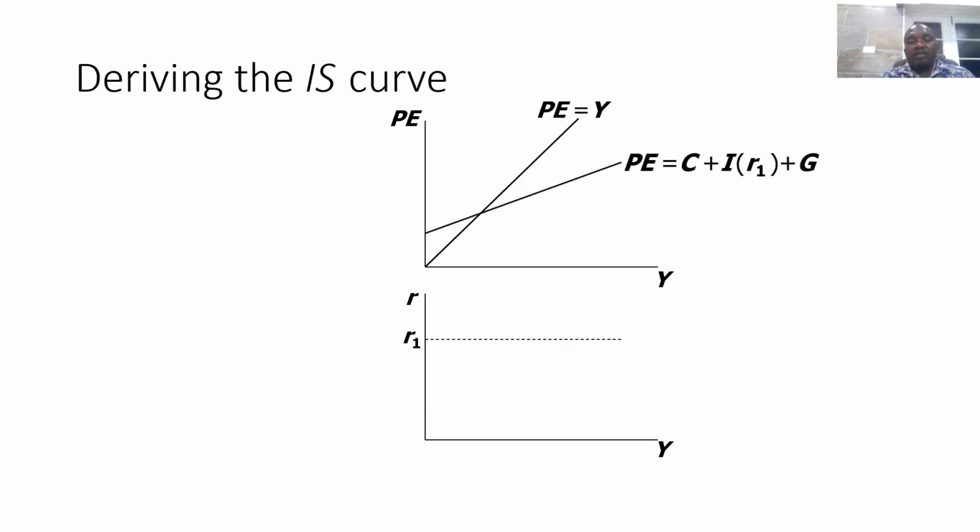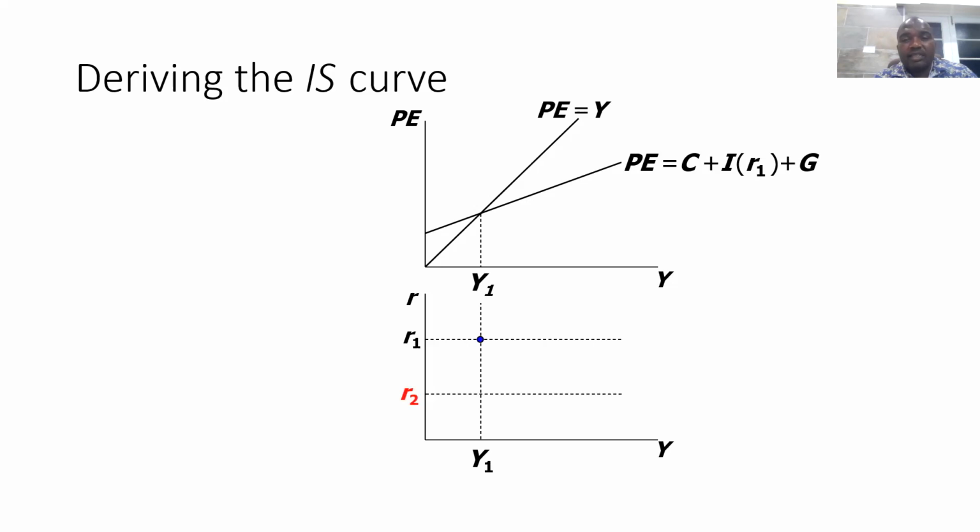So the first schedule or the first curve is associated with an interest rate of R1, which we mark out arbitrarily in the panel below or on the graph below. And then we mark out the equilibrium level of national income as Y1 in both graphs to come up with a coordinate in the lower graph.